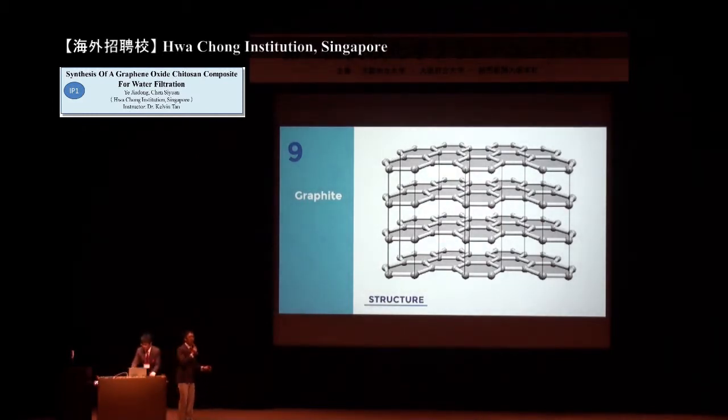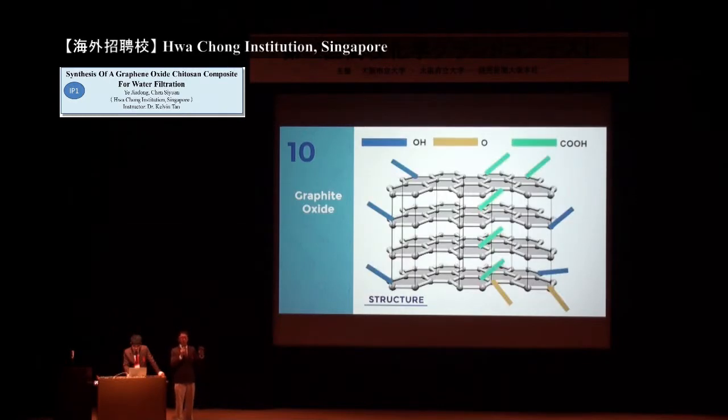Okay, so we will move on to the material that we are actually using in this project. The basic material is graphite, which is made of multi-layered carbon atoms, and it does not have any functional groups attached to the carbon atoms. Upon oxidation, you can attach multiple functional groups to the structure.